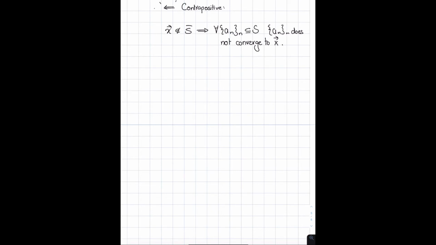And what I'm going to say is assume that vector x is not in the closure of S. Also, assume by contradiction that there exists a sequence A of n which is a subset of S such that as n tends to infinity, A of n tends to vector x. And I'm going to show that this leads to a contradiction.